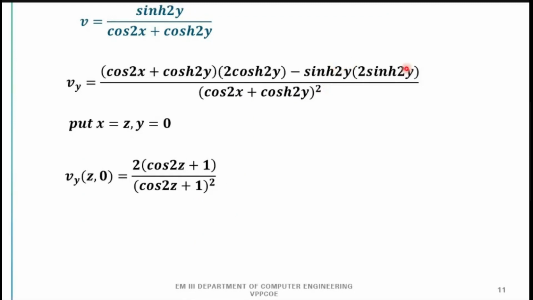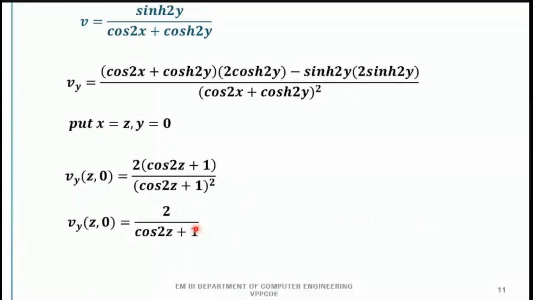This part is 0 because sin h 0 is 0. ठीक है, ये पूरा टर्म 0 हो गया, ये 1 हो गया, ये 1 हो गया, तो बचेगा 2 into cos 2z plus 1 upon cos 2z plus 1 the whole square. तो यहाँ पे 1 cos 2z plus 1 कैंसिल हो जाएगा, so we'll be having 2 upon cos 2z plus 1.